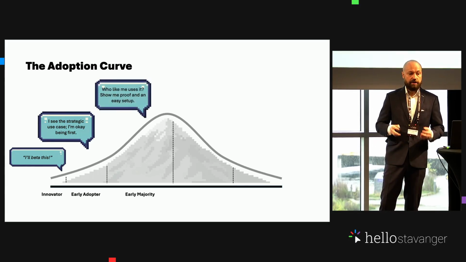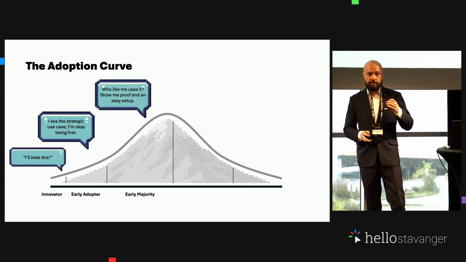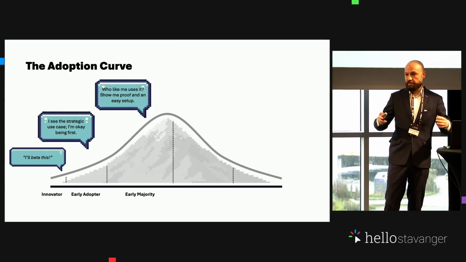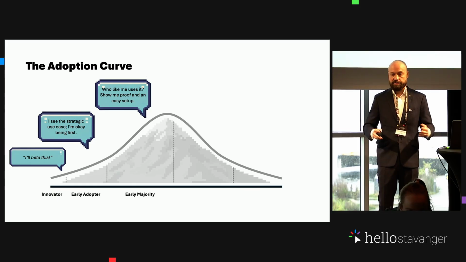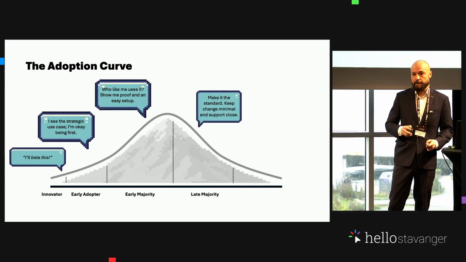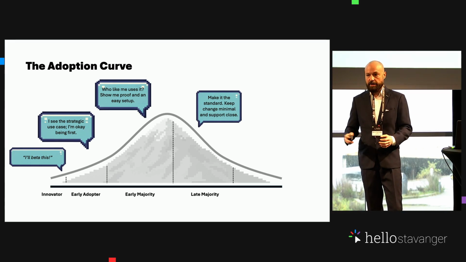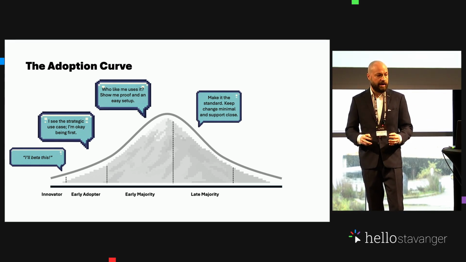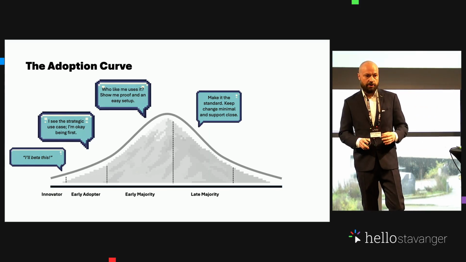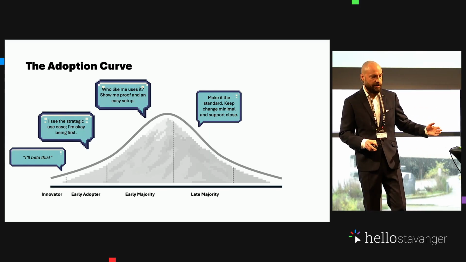And the early majority, they need some proof. They need to have it verified that, okay, there is some market shift. Some people are moving to this. There's a maturity in this product. And you have the late majority, and they want to make sure that there is great onboarding, great support, and changes don't happen as frequently as they do early on in the life cycle of a product.